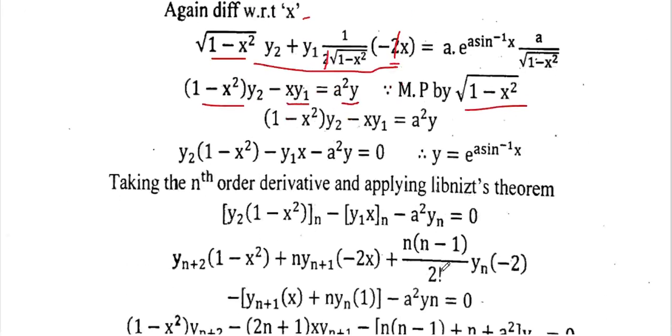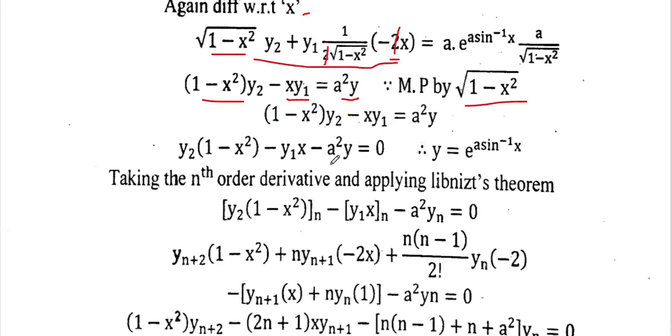If you transfer this term to the left hand side, we can write y2 into 1 minus x square, minus y1 x, minus a square y equal to 0. We know that y is e to the power a sin inverse x.